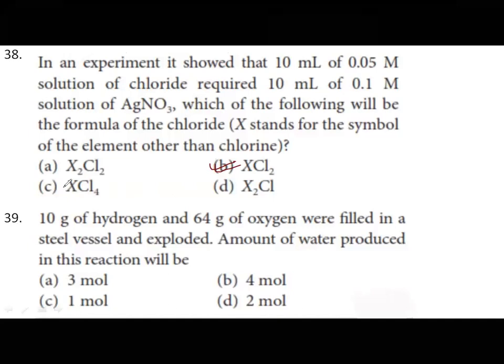10 grams of hydrogen and 64 grams of oxygen were filled in a steel vessel and exploded. The amount of water produced in this reaction will be. So they have said 10 grams of hydrogen and 64 grams of oxygen. Okay, so see, H2 plus O2 gives H2O.